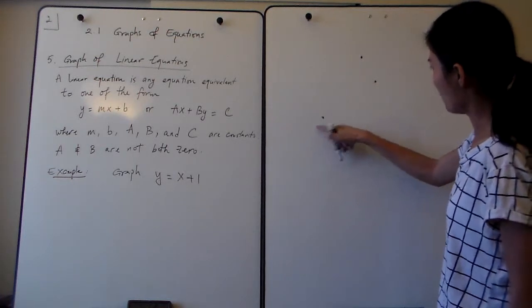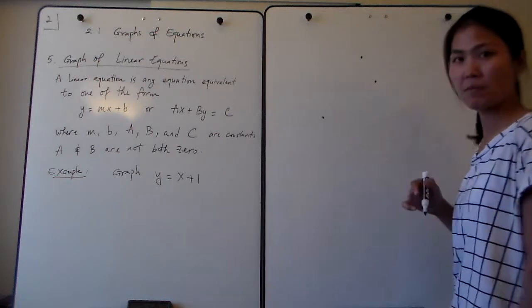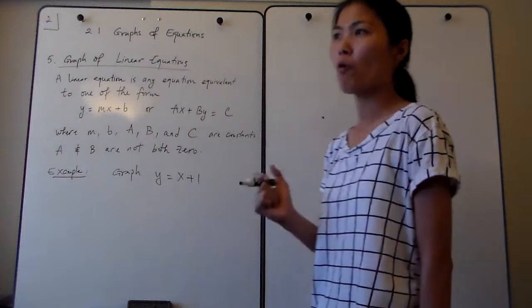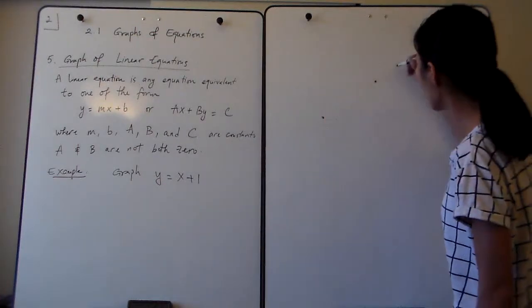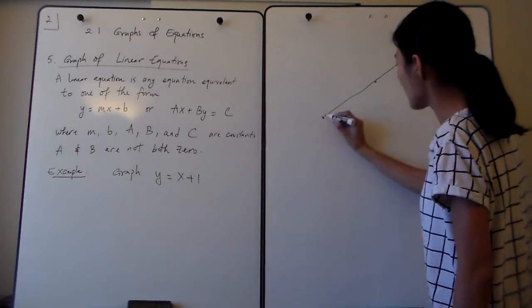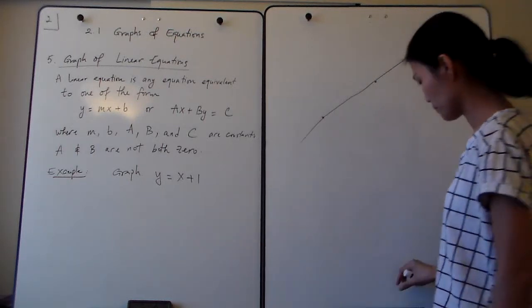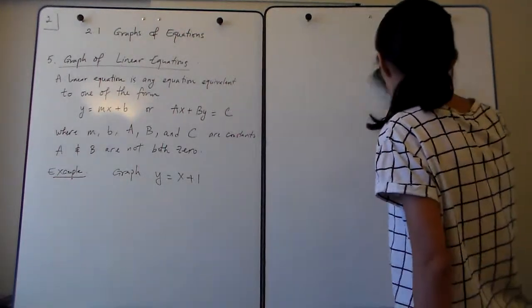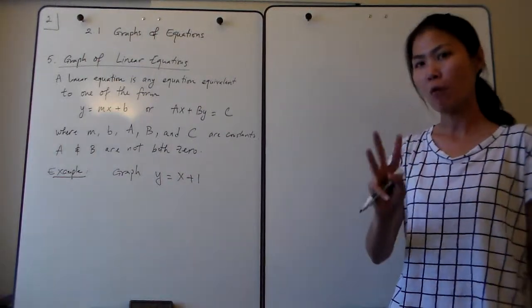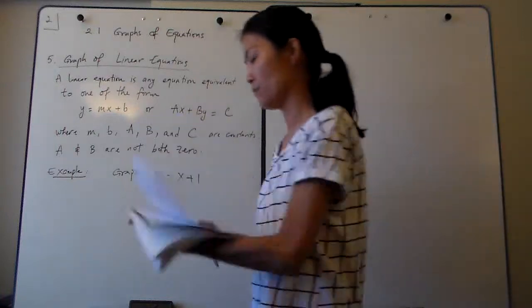Does it go through these 2 points or those 2 points? You see that? If you get all 3 points correct, it's guaranteed the line would go through all 3 points. Okay? So I would recommend that when you graph a line, find 3 points on the line.